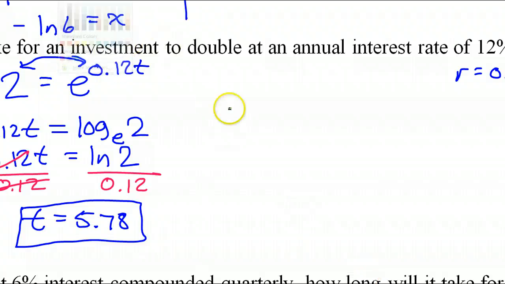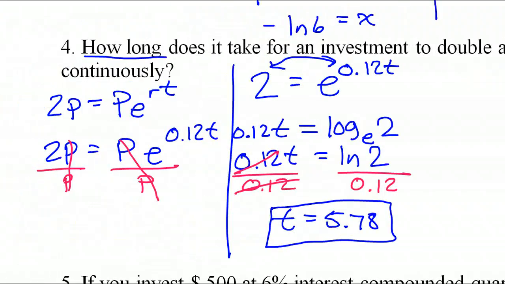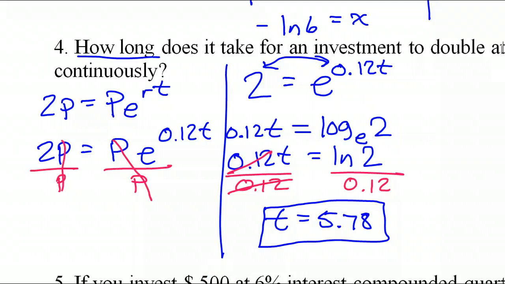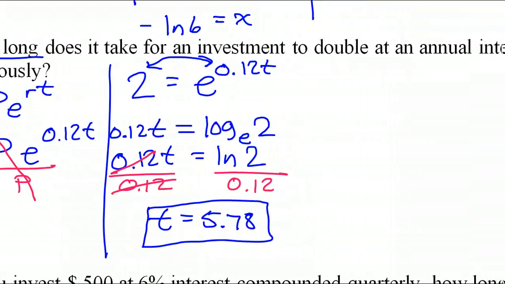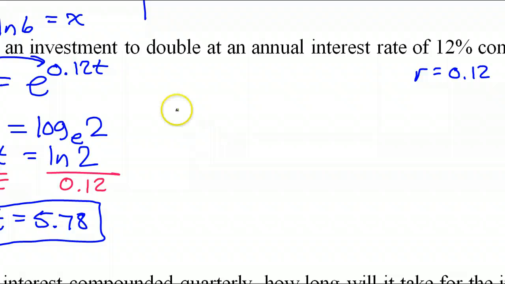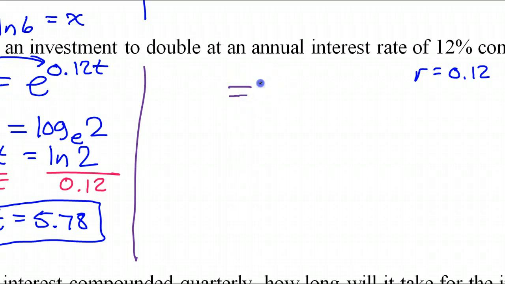Okay, let me show you one other thing real quick. Imagine if you didn't understand fully that thing about the P and the 2P. They wanted to know how long it takes for an investment to double. What you could do is just pick any random starting amount and see how long it takes to double. So for example, I could have said, I'm going to start with $100.